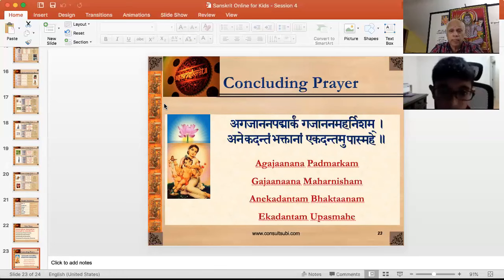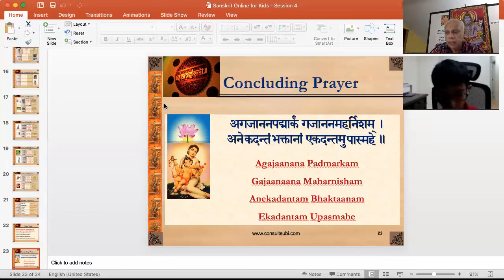Padmarkam: when she looks at her son Ganesha, she is very happy. Like what? Padma Arkam. Padma means lotus. You know, when the lotus flower sees the sun, the lotus blooms. It's very happy. So it blooms when looking at the sun. Likewise, Parvati, the mother of Ganesha and daughter of Himalaya mountain, when she looks at Ganesha, her son, Aharnisham.